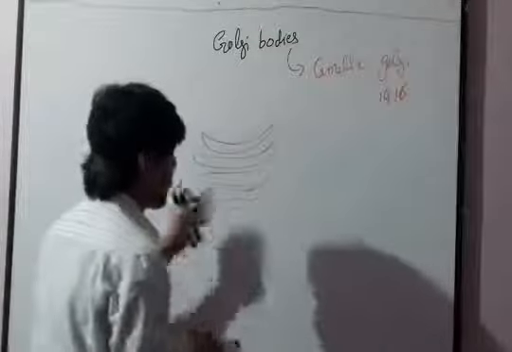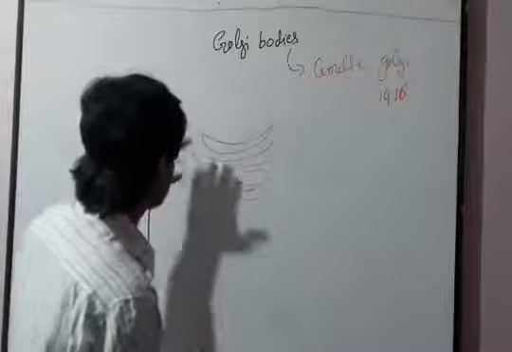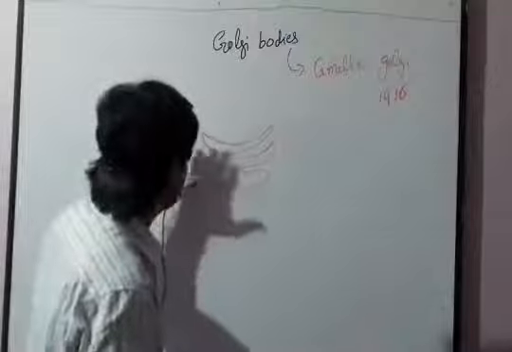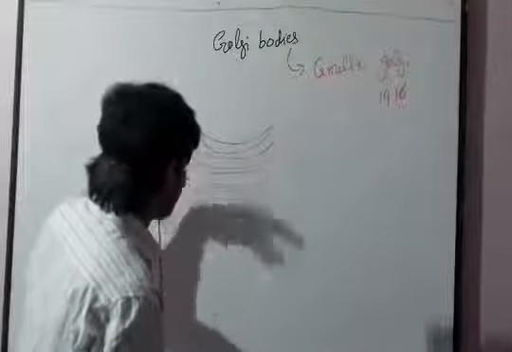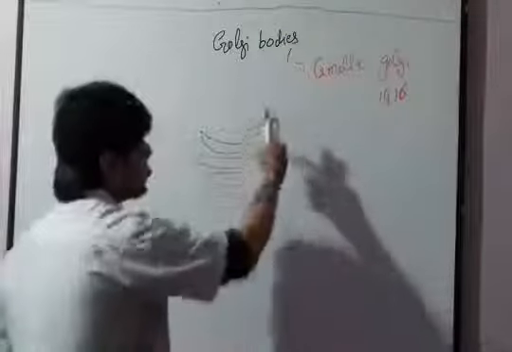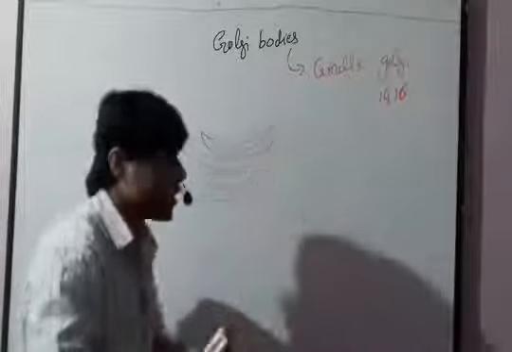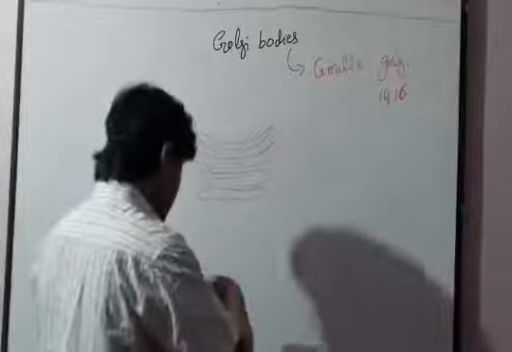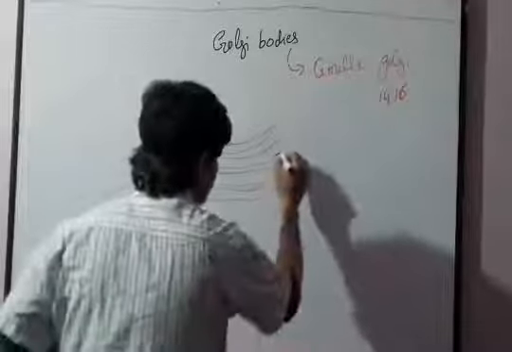These are the cisternae, fine. And these cisternae are plated, and they are also stacked, means they are present one above the other. So this is a little bit about the cisternae.